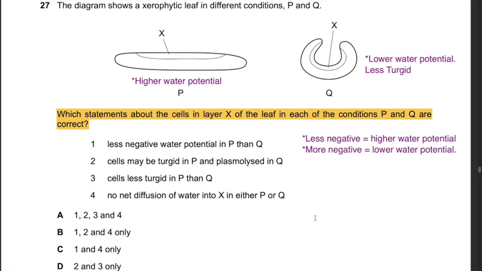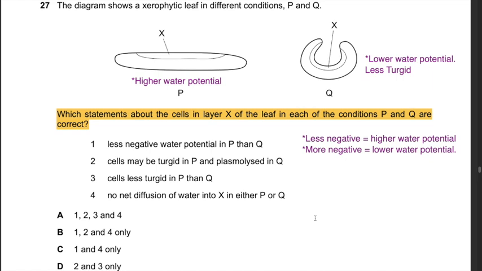A key point you must also remember is that less negative means higher water potential and more negative means lower water potential. An easier way to picture this would be to remember the number scale, where 0 is the highest water potential possible, because pure water has a water potential of 0. So from the scale, the more negative the number becomes, that means going further down the scale away from number 0, the number becomes more negative.